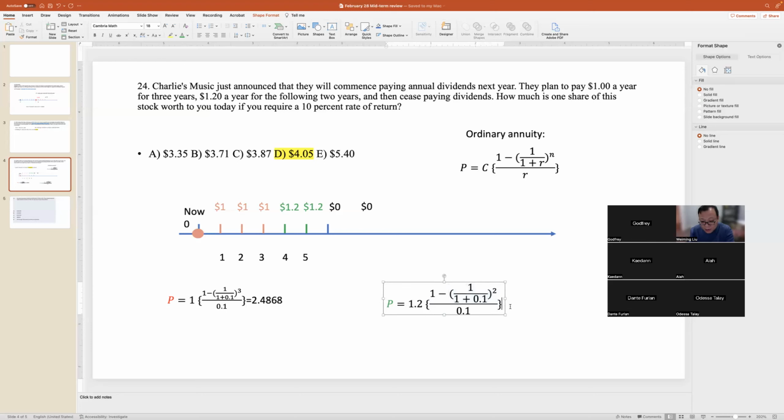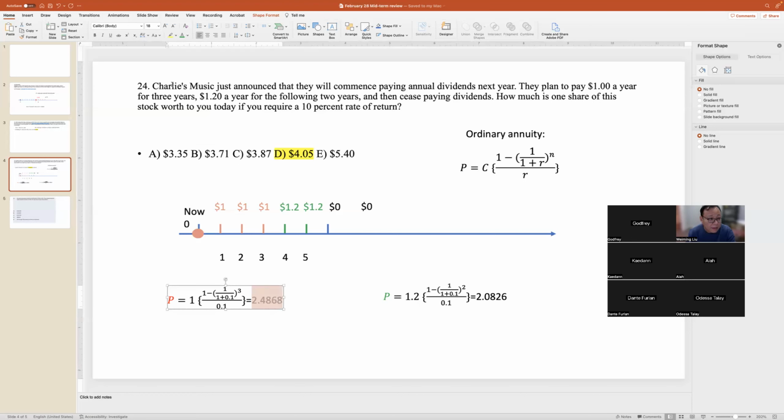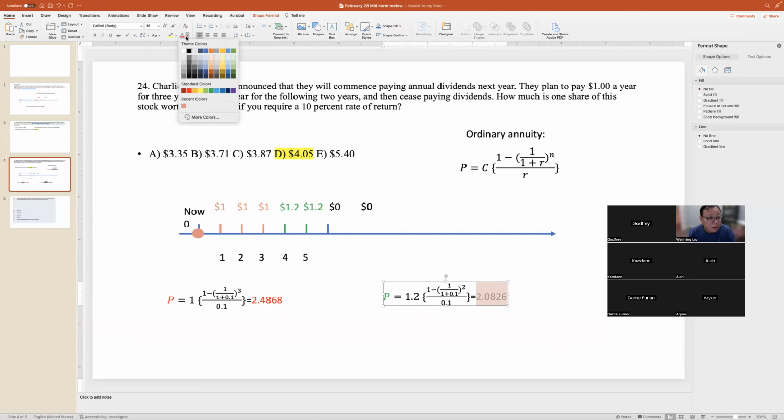So can anyone tell me what is this result? Let's see, what I have here is, yes, that's correct, 2.0826, okay? So this is the present value of the red, and this is the green.